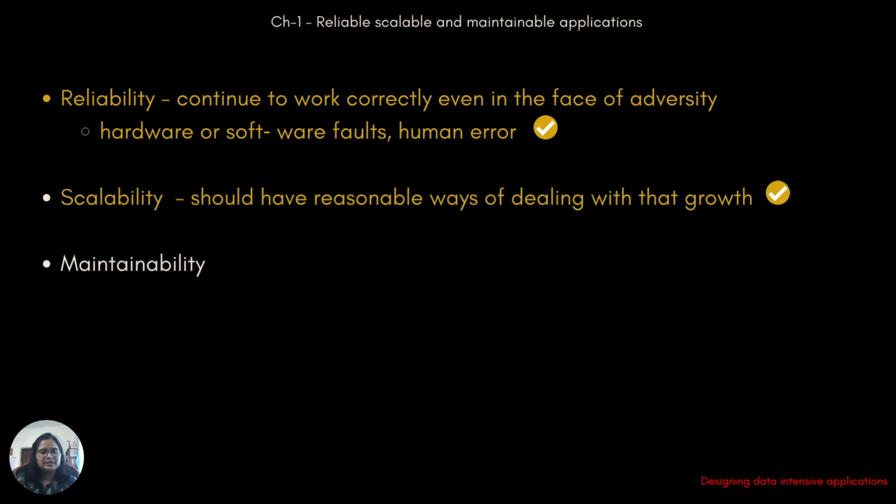Third is maintainability. Over time, many different people work on the system: developers, quality engineers, and data engineers. All of them will maintain current behavior and adapt the system to new use cases. They should all be able to work on it productively.